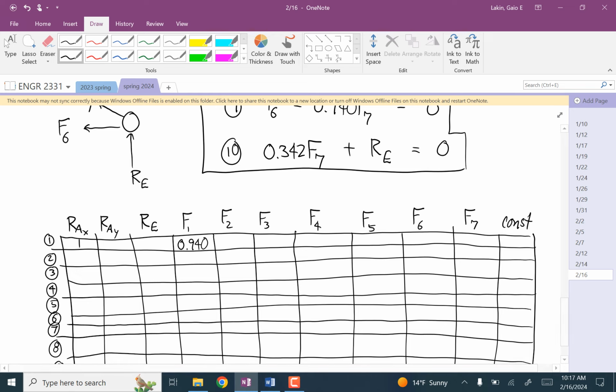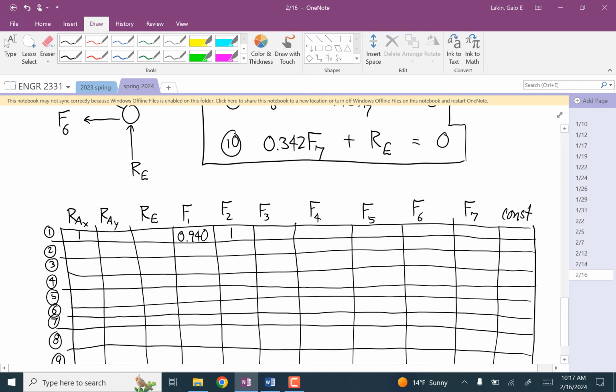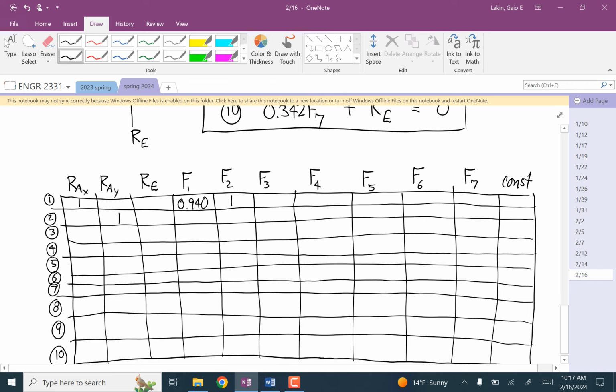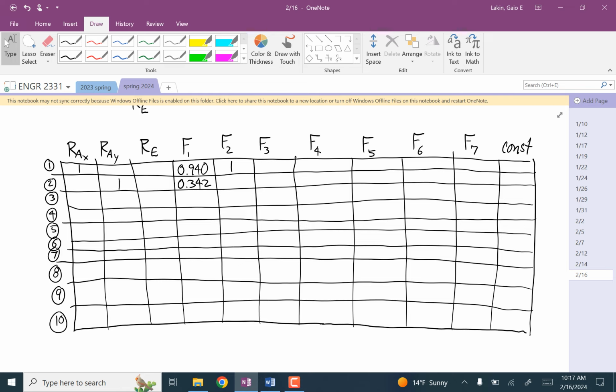F2 is 1. Okay. And that's it? And then equation 2? 1 RAY. 0.342 F1. Okay. F3, equation 3. F1 is negative 0.940. F3 is 0.940. F4 is 1. And then a constant of negative 400.